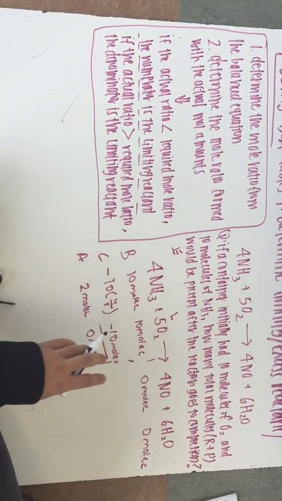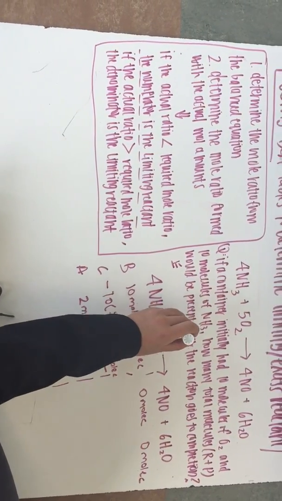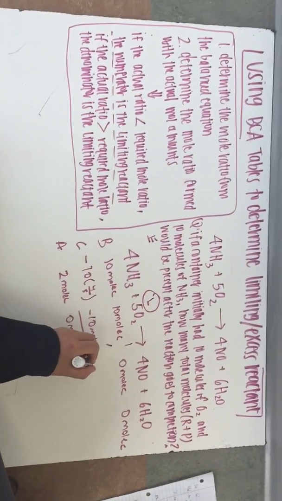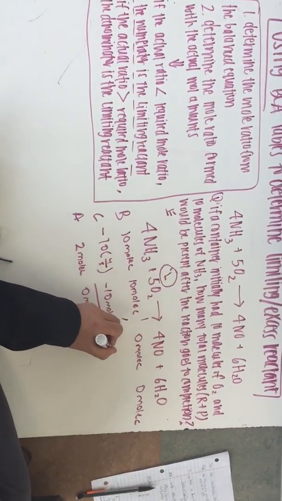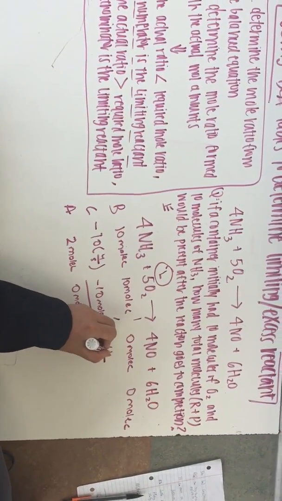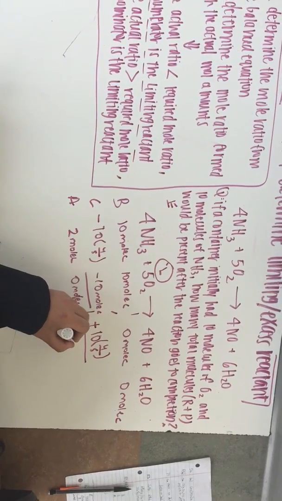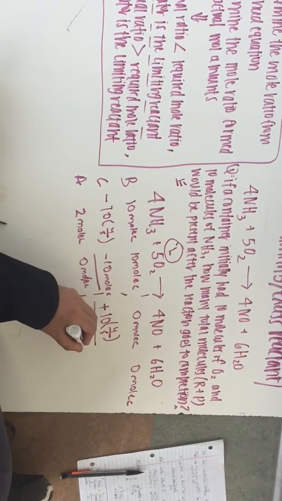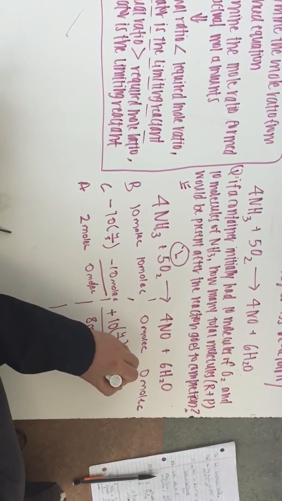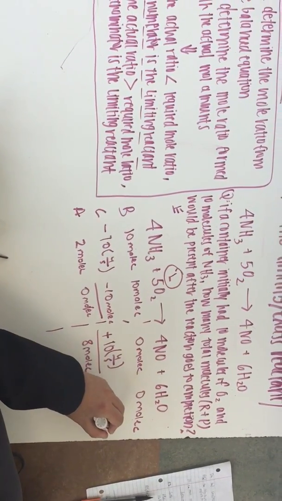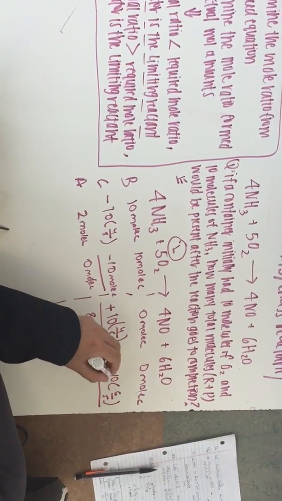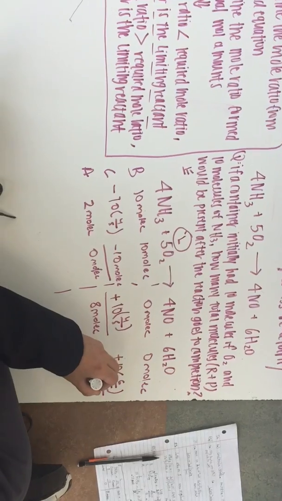Here, don't make a mistake, since this is limiting, you'll only be using that. So now add that to 10, 4 over 5 equals 8 molecules. There, now add that to 10, 6 over 5 equals 12 molecules.